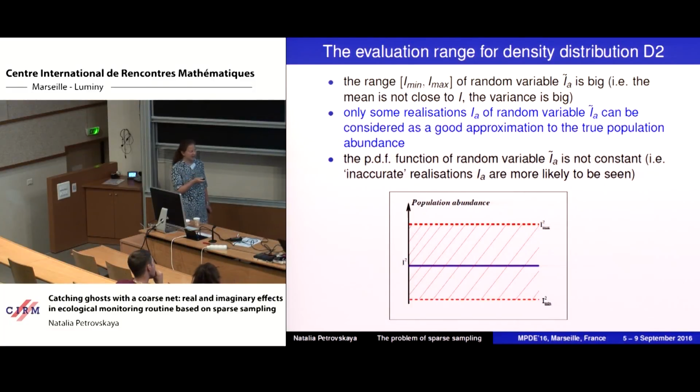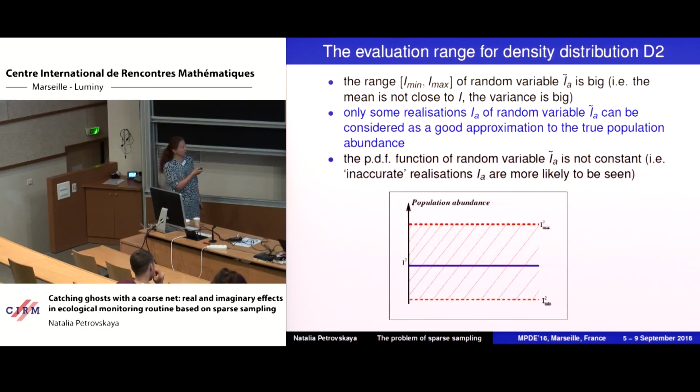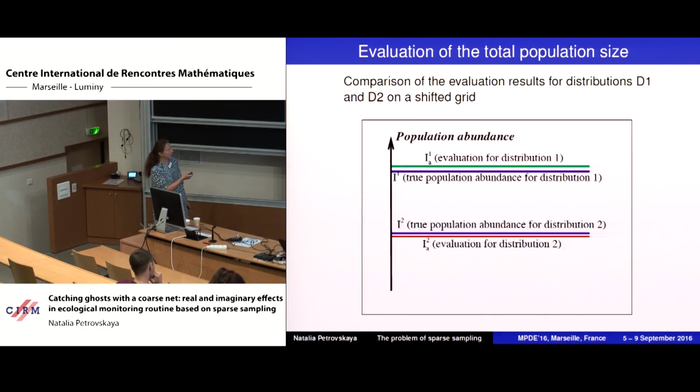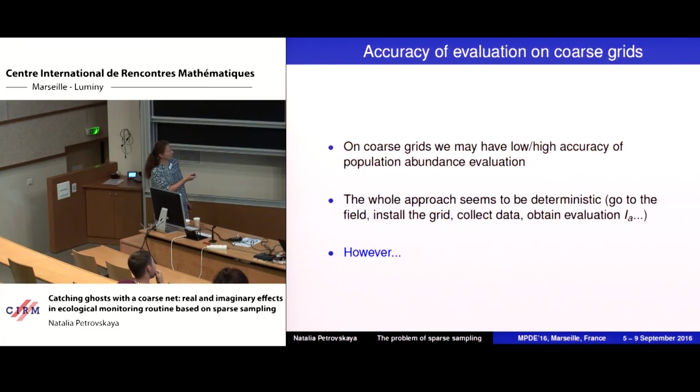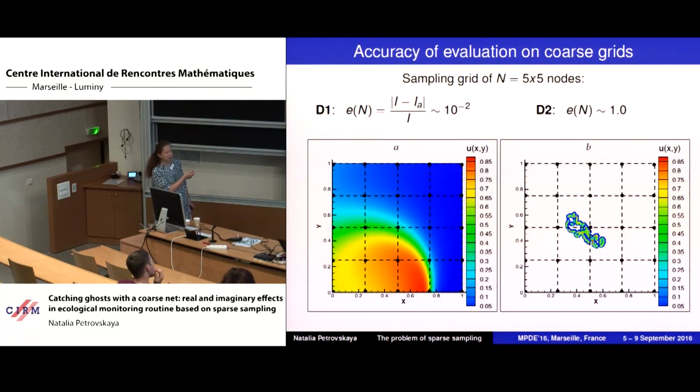Now, if you have something like this, when the range is small and all values are close to the true value, and that may happen actually, so for this distribution, that picture is true already when you have a coarse grid of points.